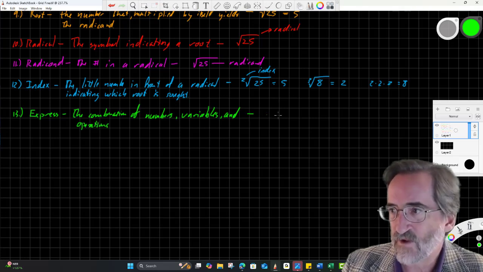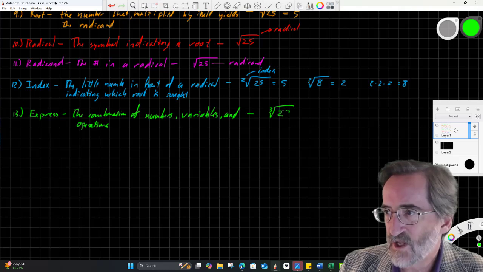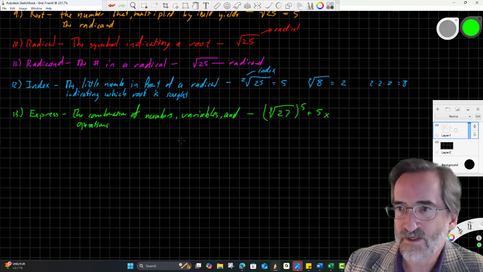An example of an expression is the third root of 27 to the 5th power plus 5x. That's an expression.